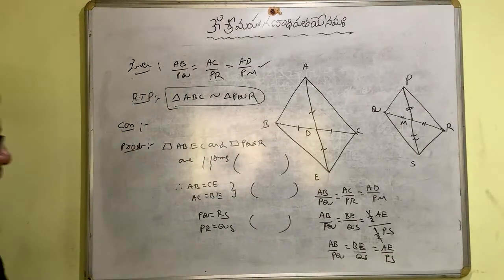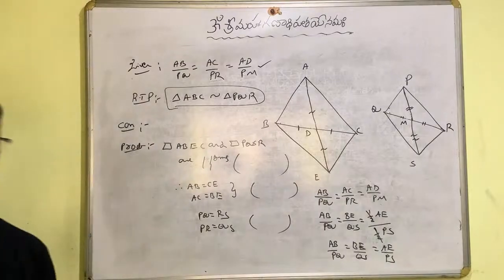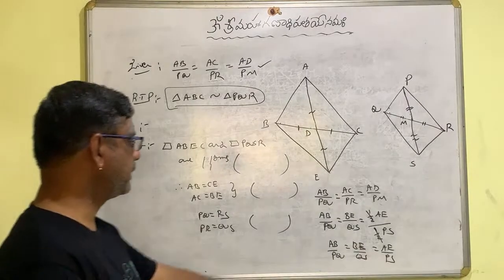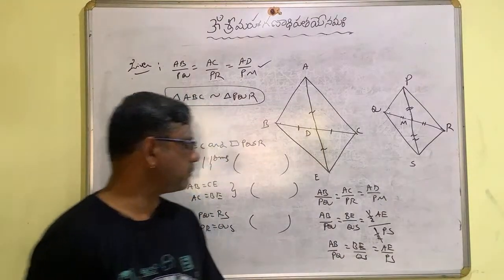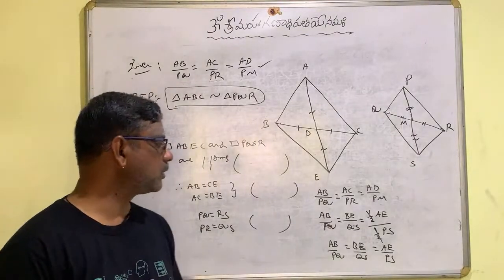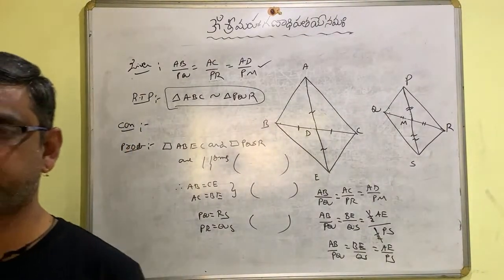Children, observe those three ratios. AB by PQ is equal to BE by QS is equal to AE by PS.